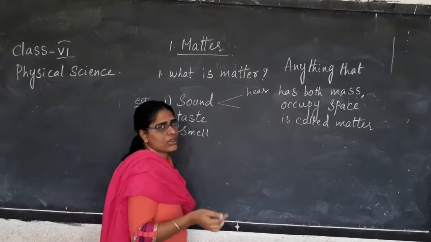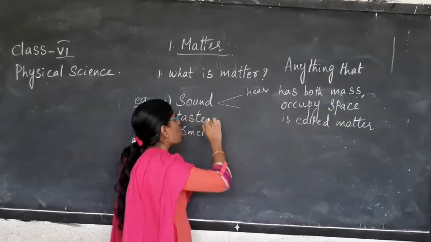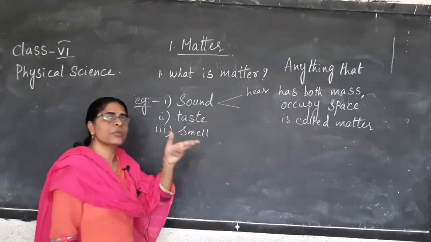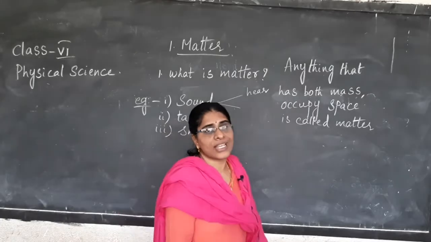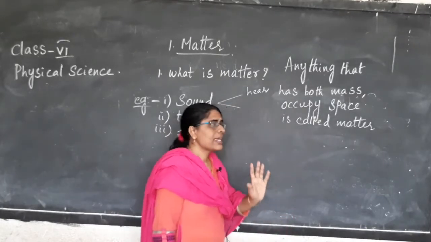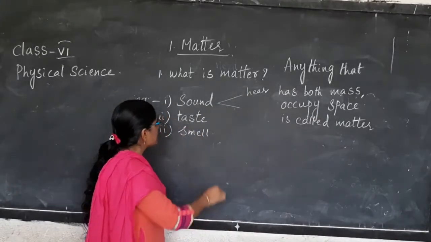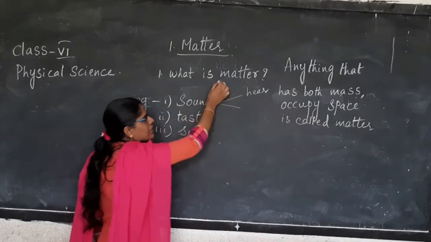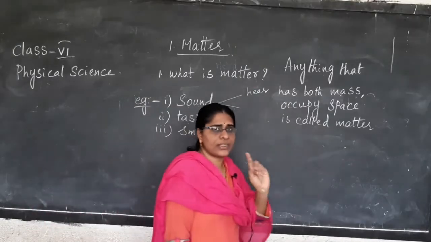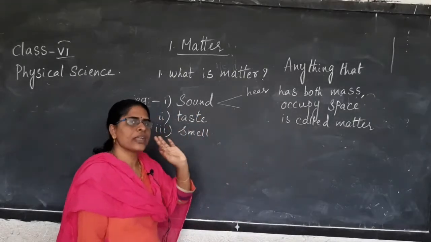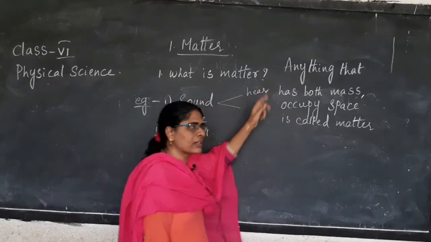Your CD player or sound disc has mass, but sound is a property, you are able to hear the sound. Now here sound doesn't have mass, it doesn't occupy any space, hence sound doesn't come under matter. Okay, what I said, anything which has mass and occupies some space is called matter.